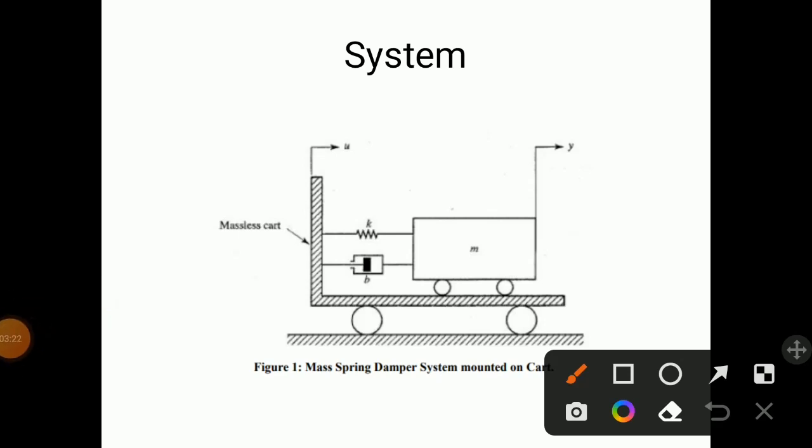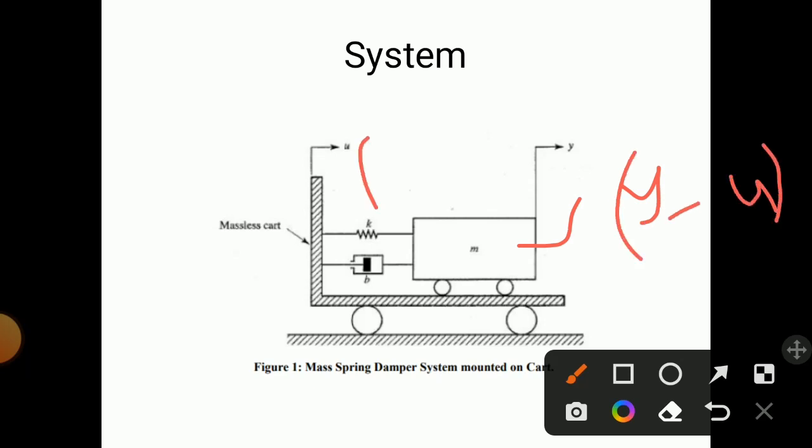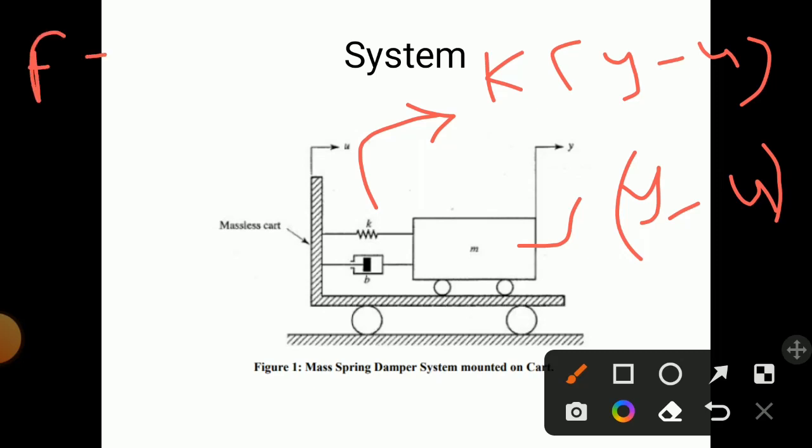The displacement of mass m is y and the displacement of the cart is u, so the overall displacement is y minus u. Because of this, the spring force which acts is k into y minus u. Spring force is force equal to k into x. That's why we get k into y minus u.